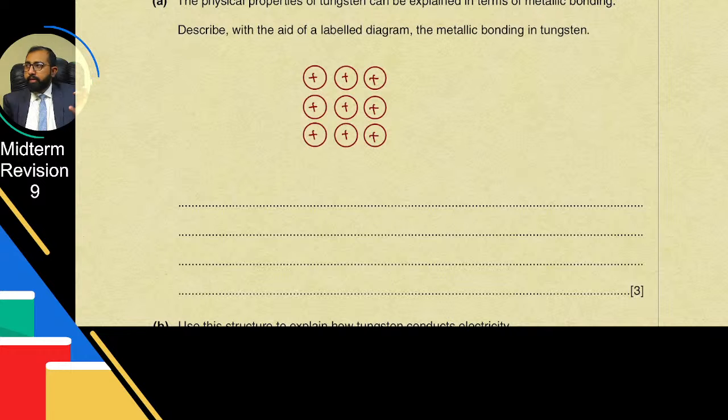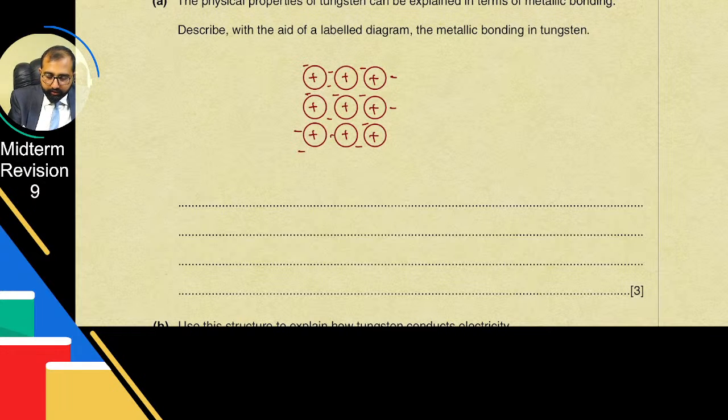The key point is that the electrons are free, so they have no fixed arrangement. These ions have fixed arrangement. So you can draw electrons in the middle, on the sides, just make sure that they're randomly scattered around, and you should not draw a pattern there somewhere. Okay, so good enough. Now we have to label it.